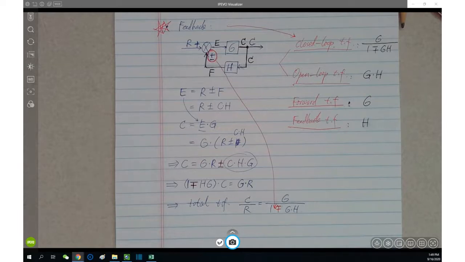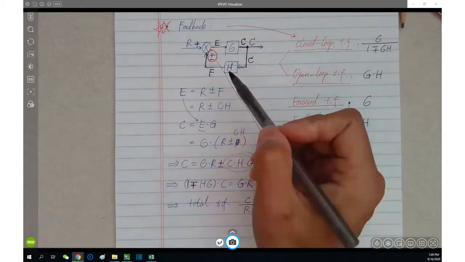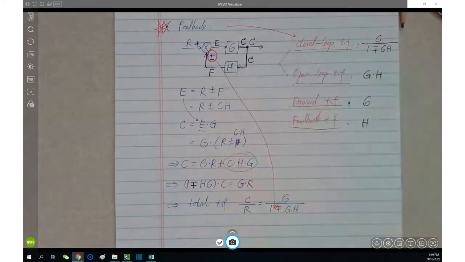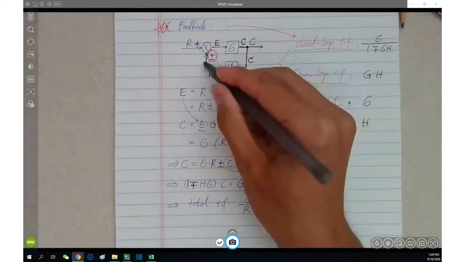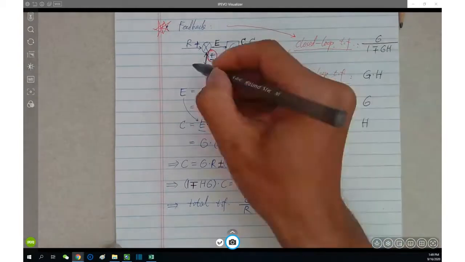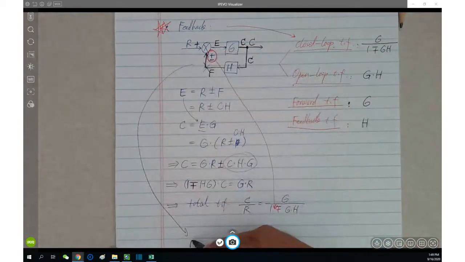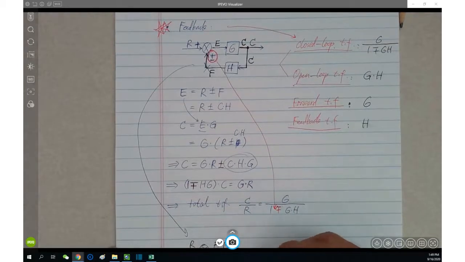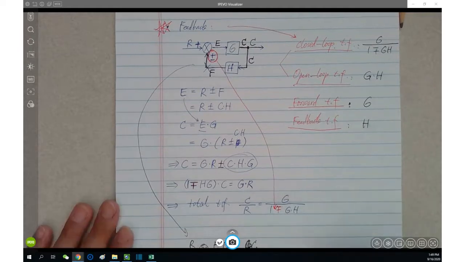I'm still a little confused on what H is doing in the open loop. Would you mind explaining again? Sorry. The open loop means, as John is proposing, if you open here, the system becomes like this, right? R remains, the summing junction, E remains, G remains, C remains. However, C keeps going to H and then to get signal F. Now this system is open loop.